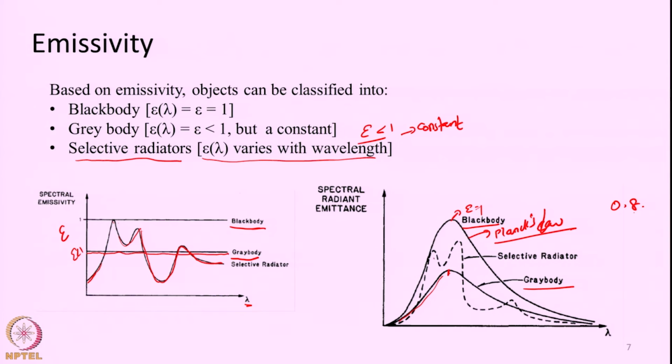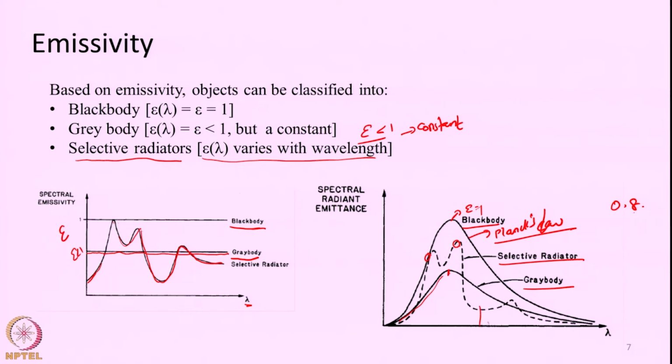But let us take an example for a selective radiator. For a selective radiator, since emissivity varies with wavelength, the radiant flux density from that particular object will keep on varying. At certain wavelengths it may be very close to 1, at certain wavelengths it may be less than 1 and so on.